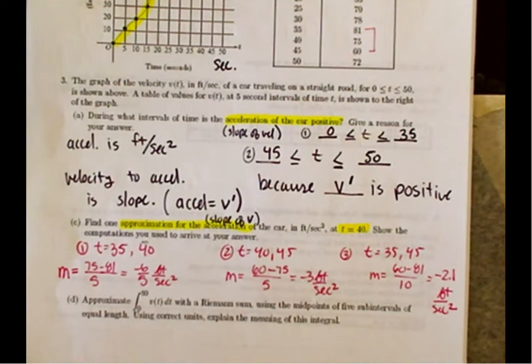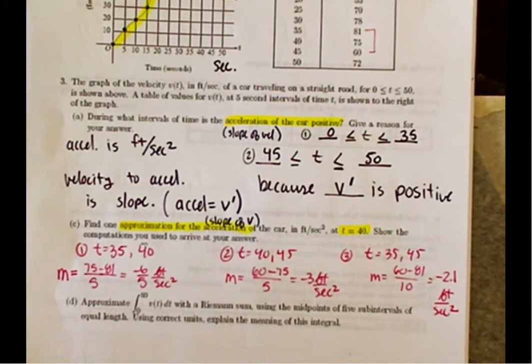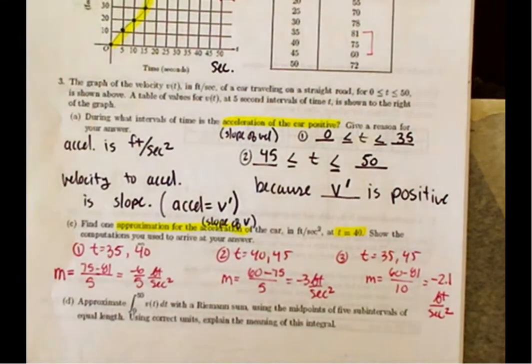Okay, part D is the review part. See if you can set up part D. That's your Riemann sum. So you've got your table.